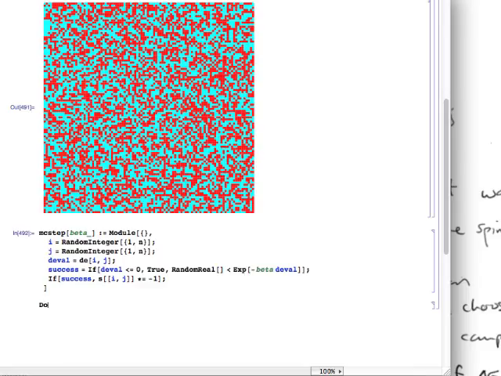And so to run it, I just do the Monte Carlo step a bunch of times with some value of beta, which I've just chosen 1 arbitrarily. And then I can draw my matrix again to see how it changed.